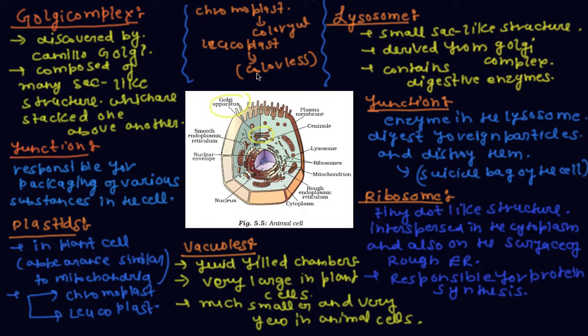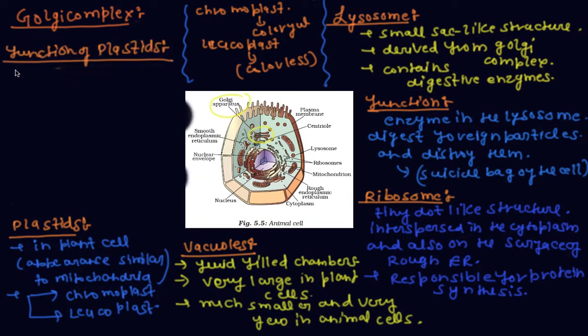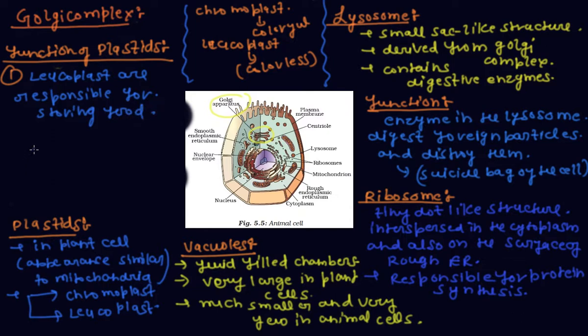Now the functions of plastids. Leucoplasts are responsible for storing food, such as carbohydrate, protein and lipid.